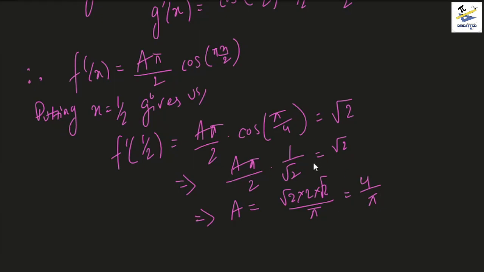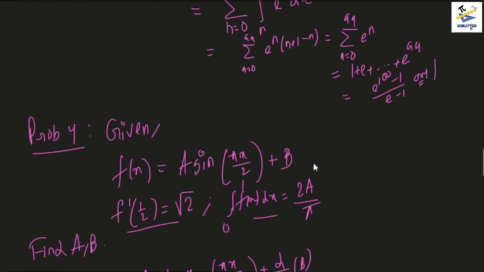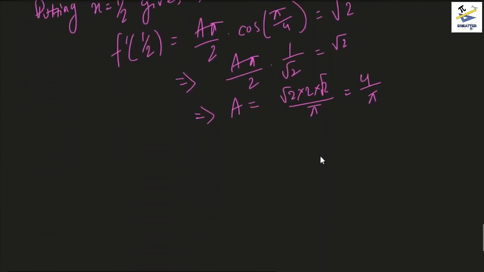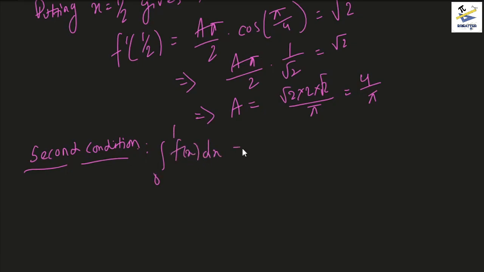This is the answer for a. As you can see, we have solved a, and now the second condition is the integral from 0 to 1 of f(x) dx equals 2a by pi. So we try to solve this problem.